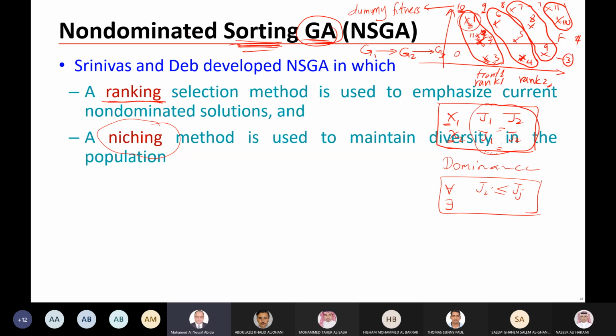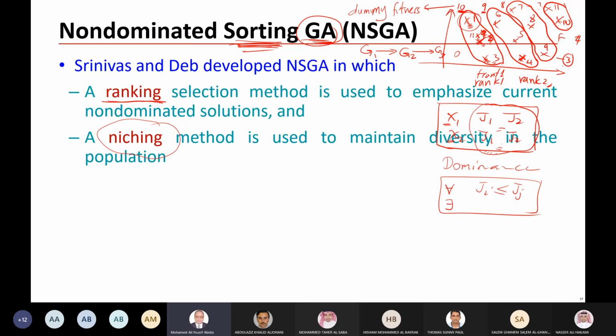No, actually, when we assign the dummy fitness, we assign it for the whole solutions in the front. And then we do niching here in order to degrade the solutions in the crowded area. The minimum that we have here, for example, is 8.